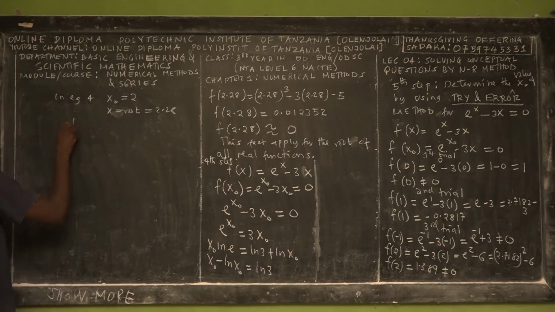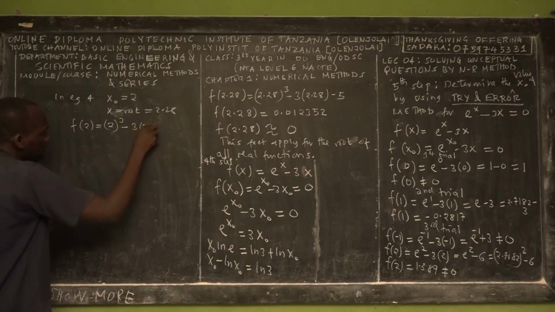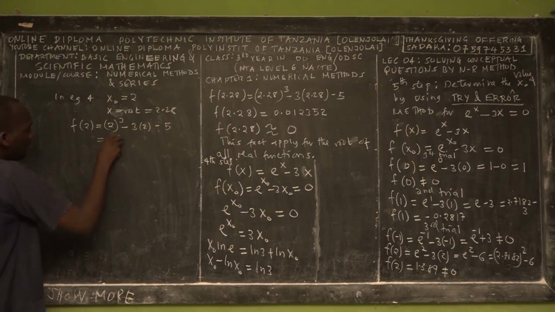If you substitute f of 2 in the given function, so you have x cubic. So x cubic is 2 power 3. Then 3 times 2 minus 5. So this will make 8 minus 6 minus 5.